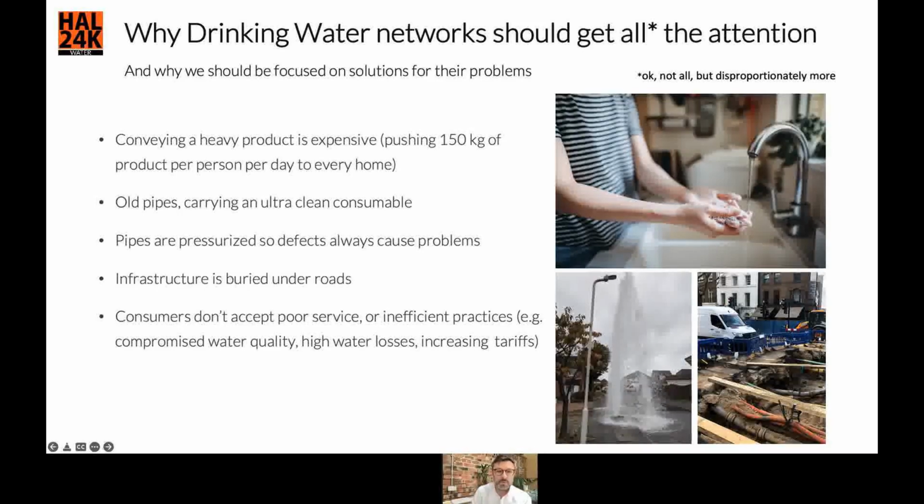It's just not acceptable anymore. We also, as people, are much more focused on climate change and the impact that water suppliers can have on the way that our drinking water is delivered, not wanting to lose that water, not wanting it to be expensive. These are the real kind of multiple challenges that face a modern water company today.